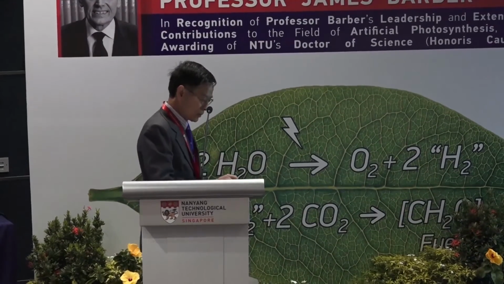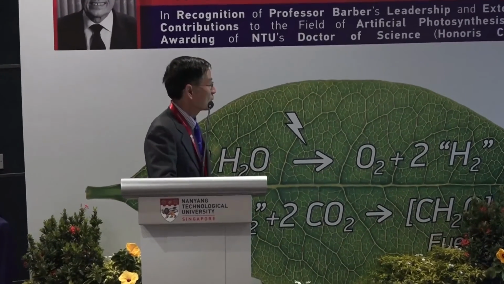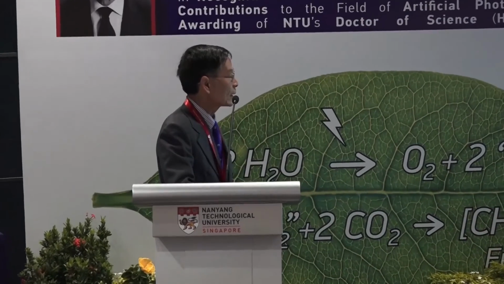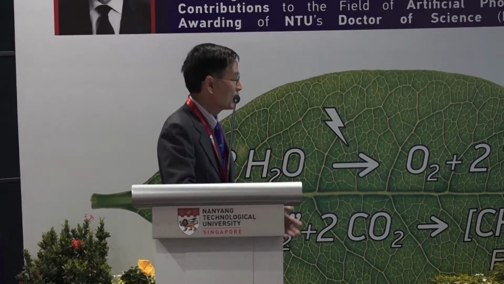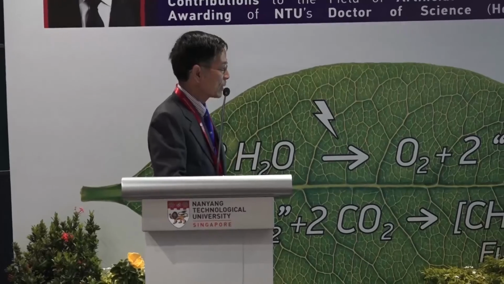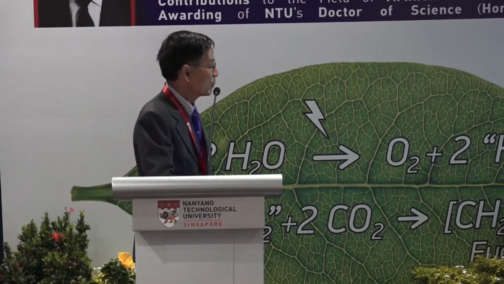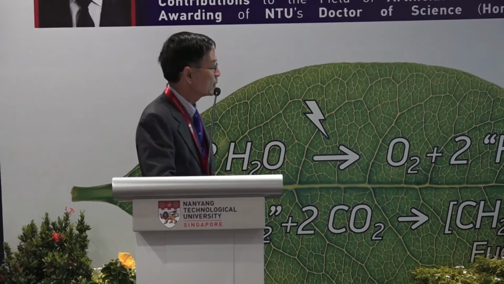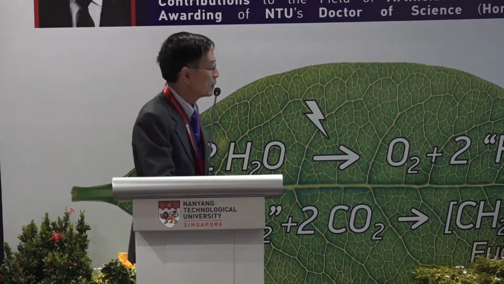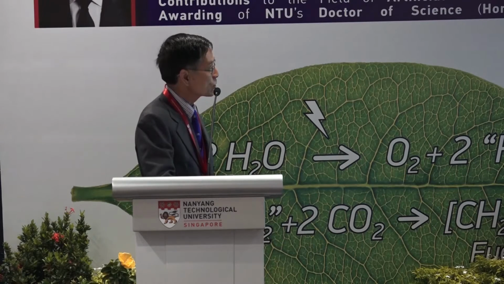So first of all, we had to have a way of quantifying the extent of stacking using a method that can be applied to a large population of thylakoids and in a convenient fashion. So what we did was to break up the stacks from the connecting non-stack membranes by either detergent treatment, or we can also use sonication.